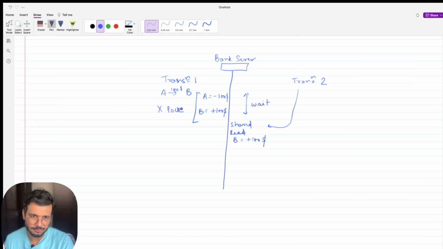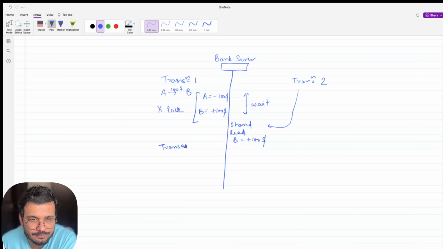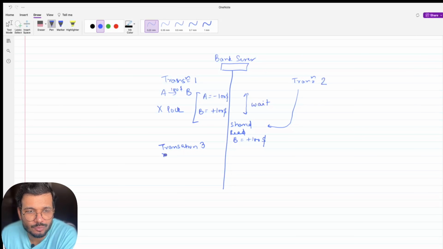Let's take another example. Transaction 3 wants to read data. So it wants to read A. Similarly, transaction 4 wants to read A at the same time. So this is simple.